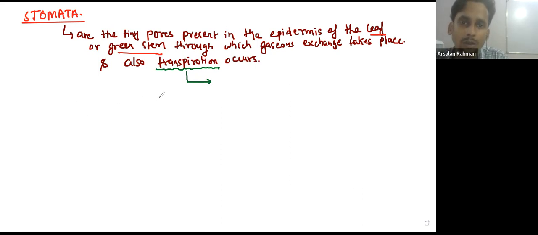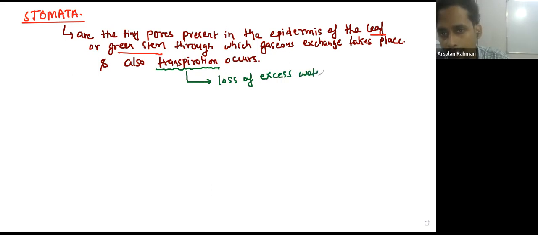So transpiration is basically loss of excess water. Water can be present in the form of ice, solid, or in the form of liquid which we drink, or in the form of water vapor. So loss of water in which form?